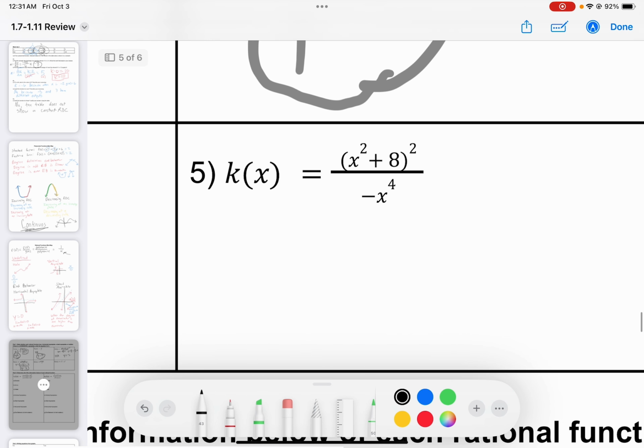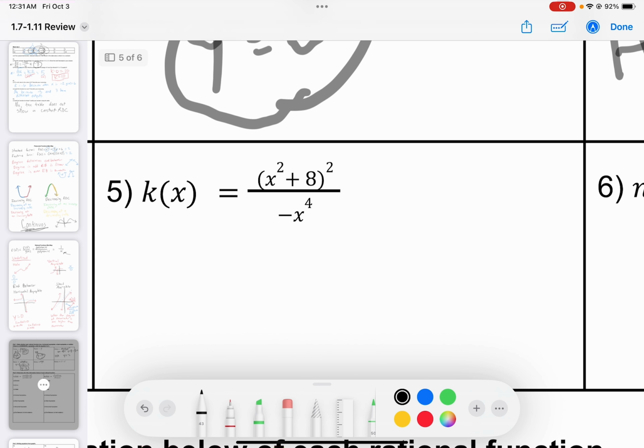All right, k of x. Again, I'm trying to confuse you at this point. Think about this. I could expand this. This is neither really in standard form or factored form. It's kind of in some in-between state. This could be written as x squared plus 8 times x squared plus 8, right? How many x squareds are there?